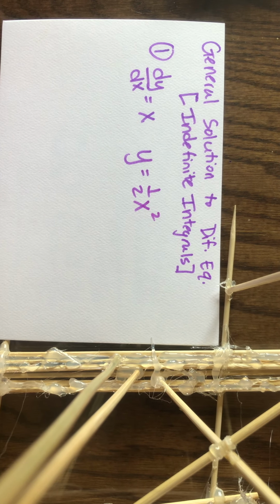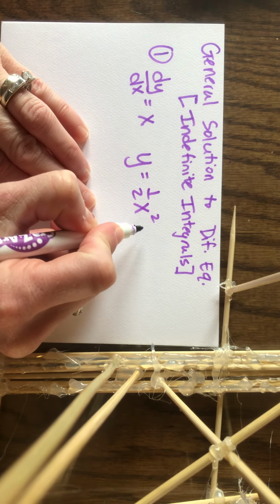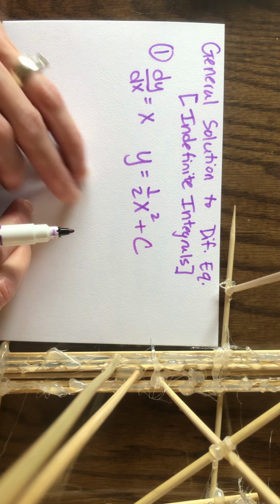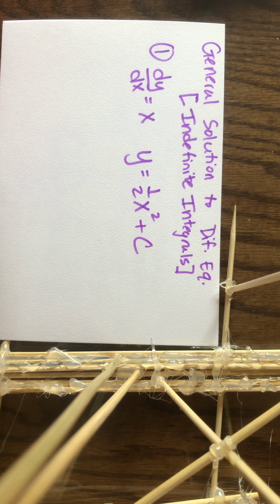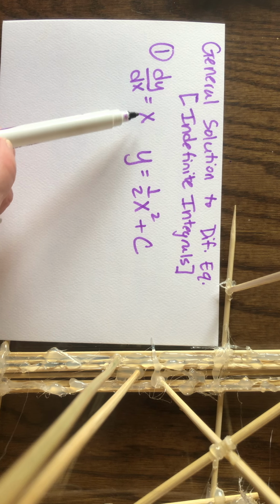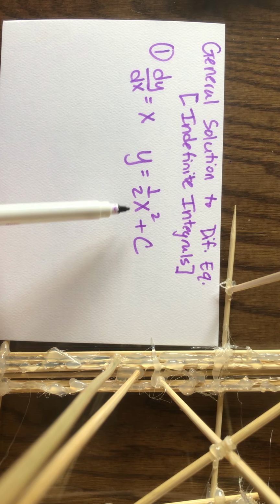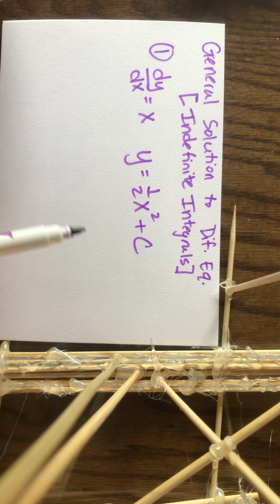Now, because we want to make sure our solution encompasses all the possible solutions, we're going to make sure that we add a constant that we represent here using the letter C. So if our differential equation is dy/dx equals x, then our general solution to the differential equation is y equals 1/2 x squared plus C.